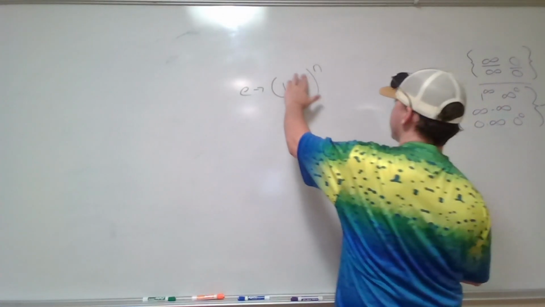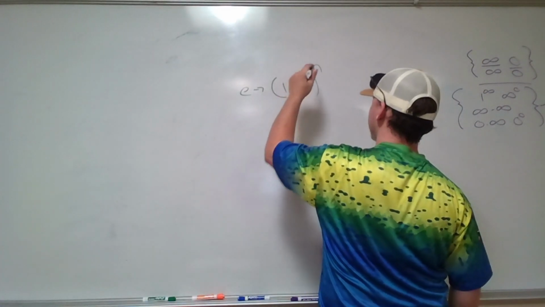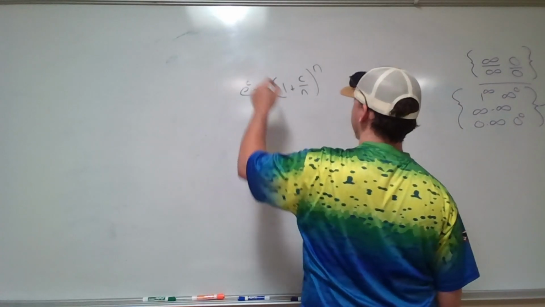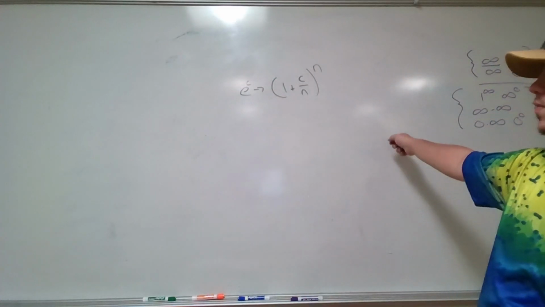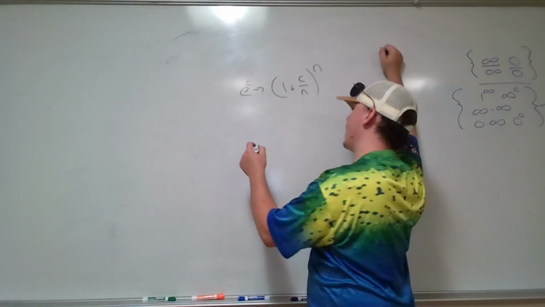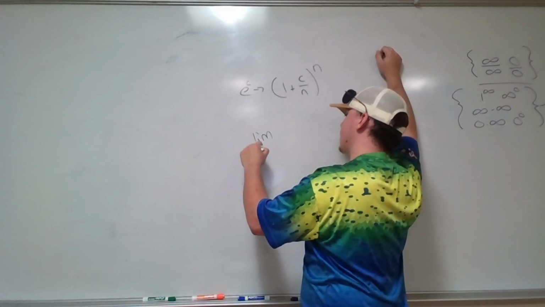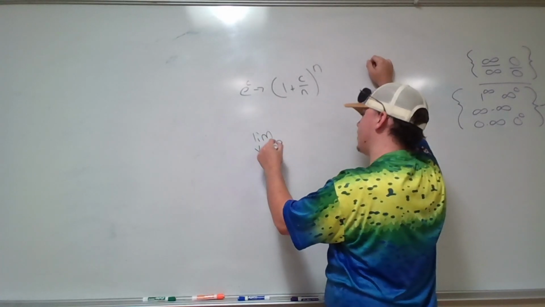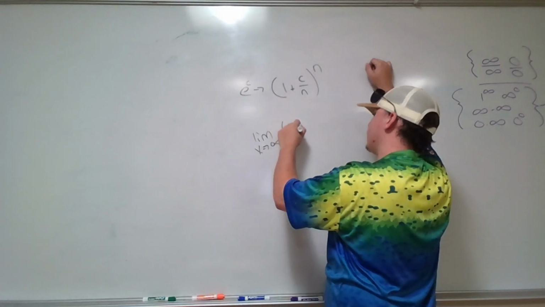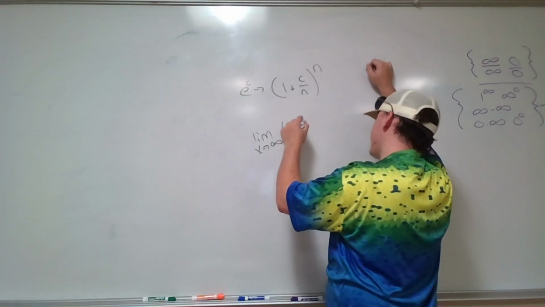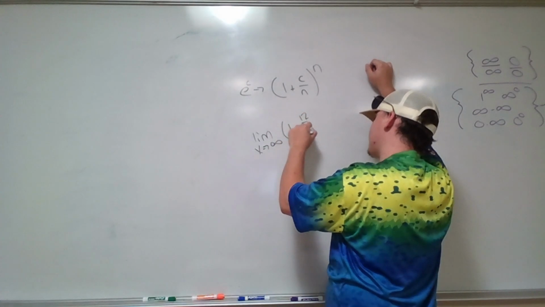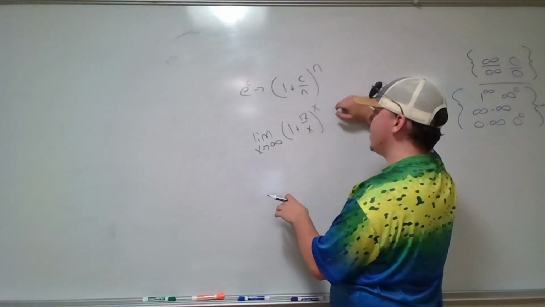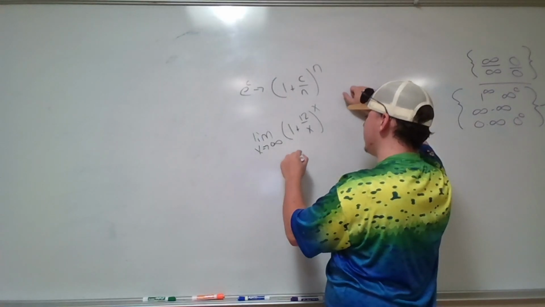Now, I can replace this with c, and all of a sudden, I can make it e to the power of c. So if you ever see something that is the form of this, where, for example, I have, as x approaches infinity, 1 plus, I don't know, some constant over x, all to the power of x, I can look at it and be like, oh my gosh, that's the definition of e, and simplify it to e to the 12.